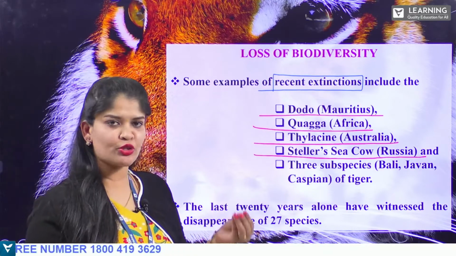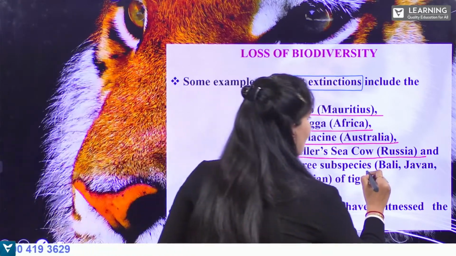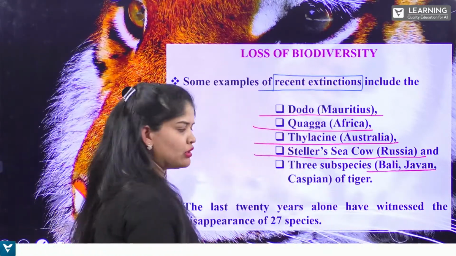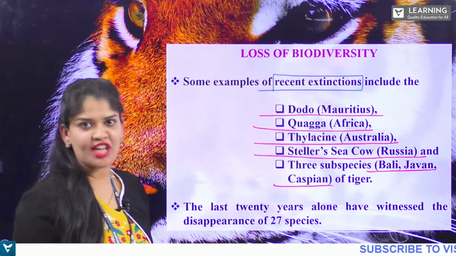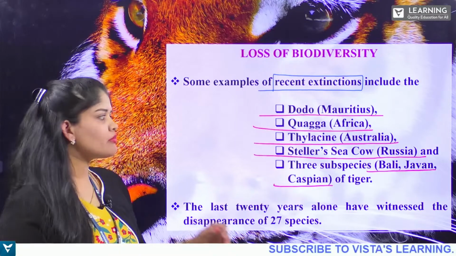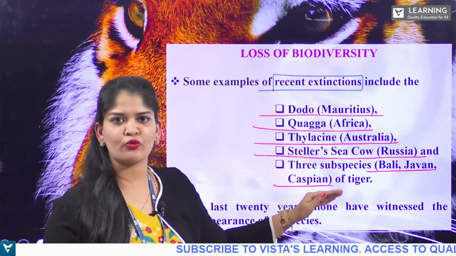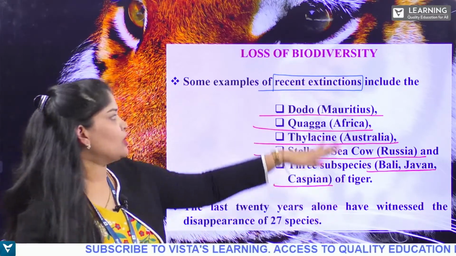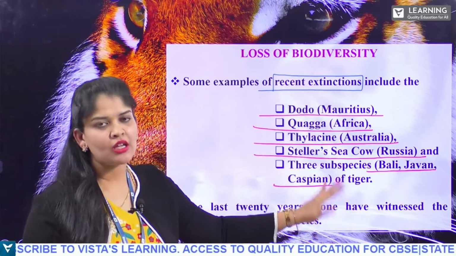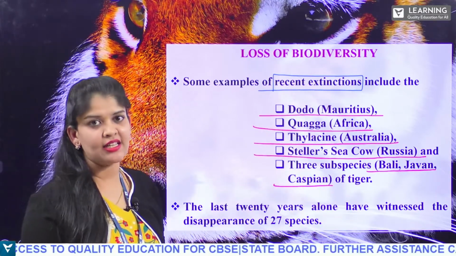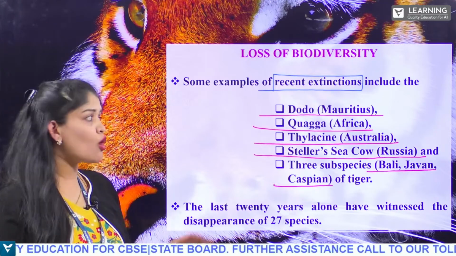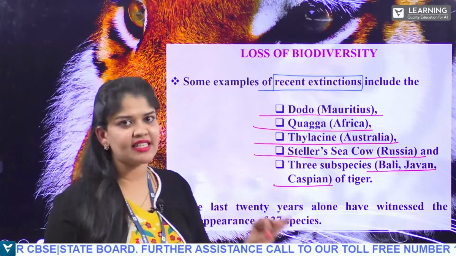What are they? Bali, Javan, Caspian. These are the three subspecies of tiger, and they are also included in this list. That means they are no longer in existence.